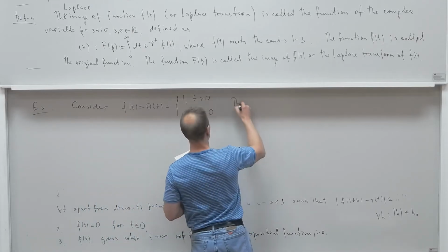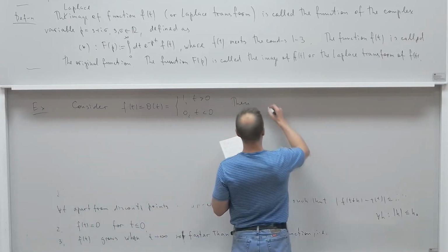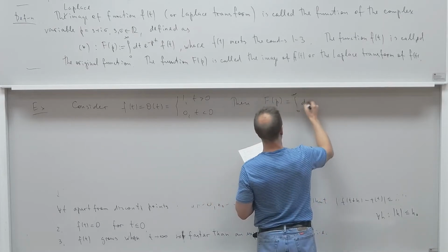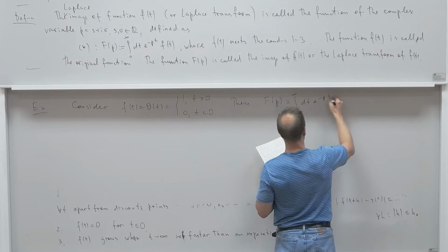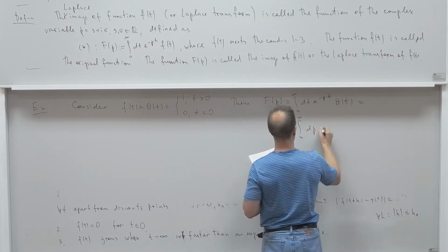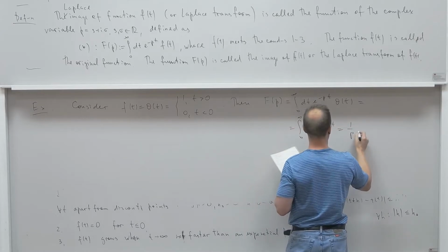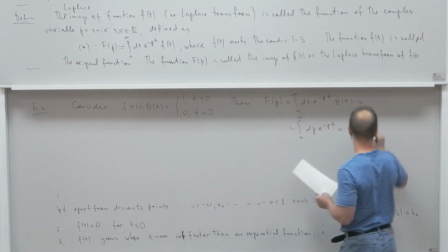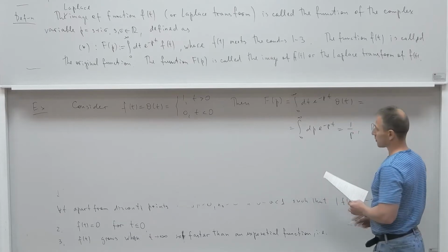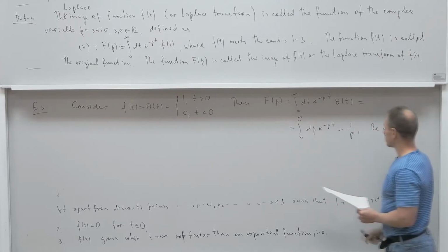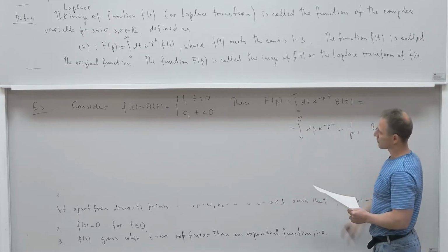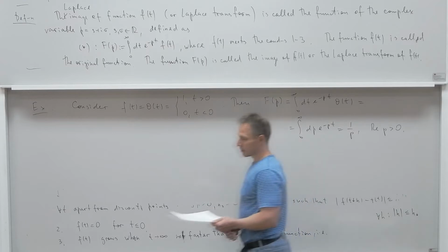Then the Laplace transform can be easily evaluated. It is equal to 1 over p, where it is assumed that the real part of p is greater than 0, in order that this integral be convergent.